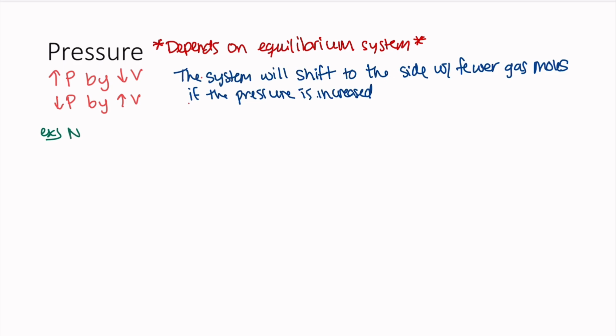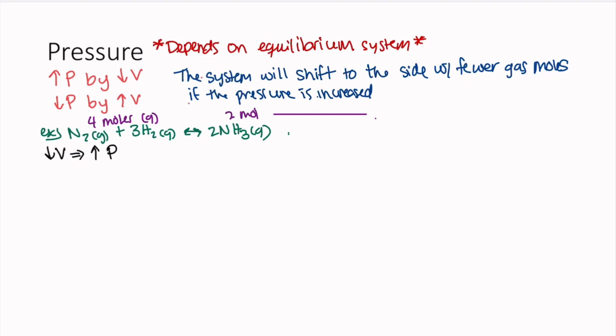We can look at the formation of ammonia again from nitrogen and hydrogen gas. Now, if we decrease the volume, we are essentially increasing the pressure. And on my reactant side, I have 4 moles of gas. And on my product side, I have 2 moles of gas.